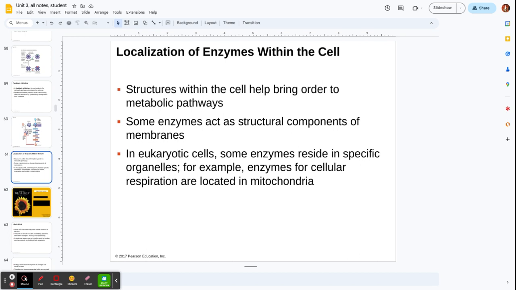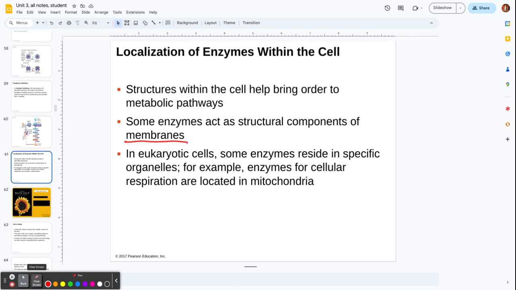Enzymes have different locations within the cell. Oftentimes they are in structures that are close to the metabolic pathways that they are going to facilitate. And sometimes that's actually in the cell membrane. They'll actually be embedded in the cell membrane. We'll talk about that when we get to cell communication. They could also reside in a particular organelle.